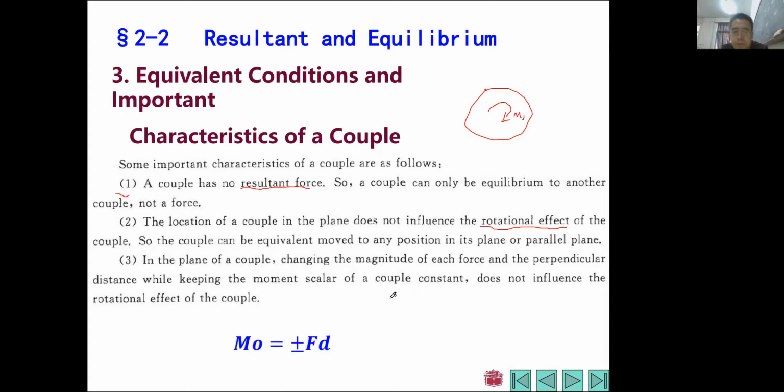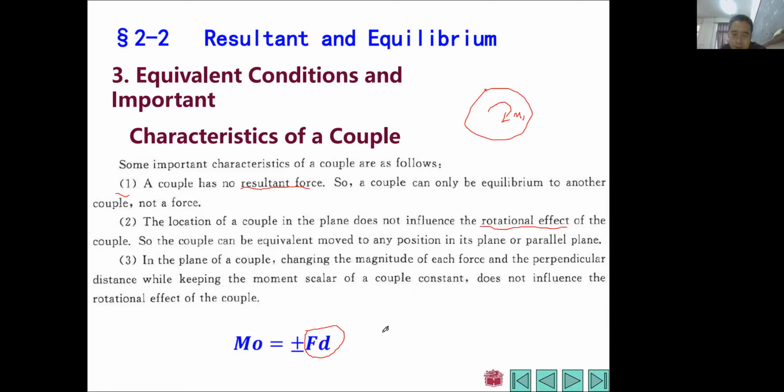The only thing that matters is the magnitude of F times D. We do not need to figure out the real value of F and the real value of D. We only need the result of this multiplication, right?